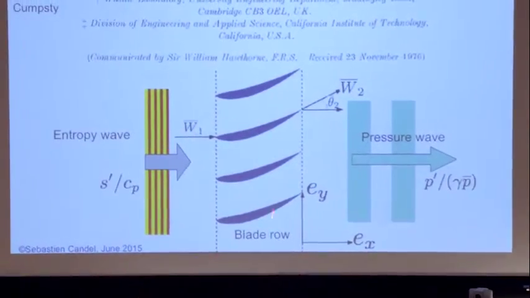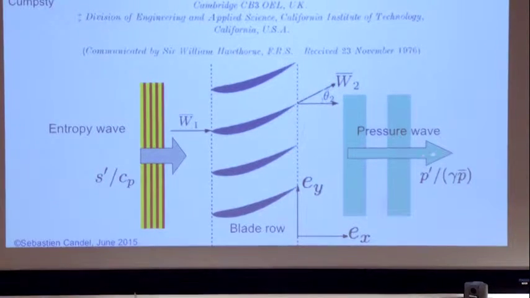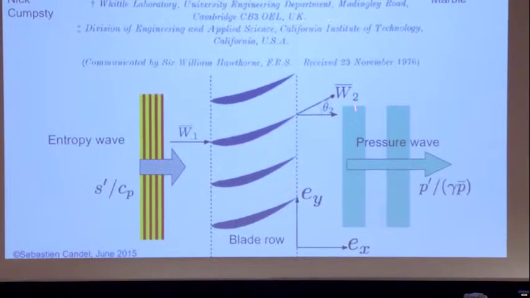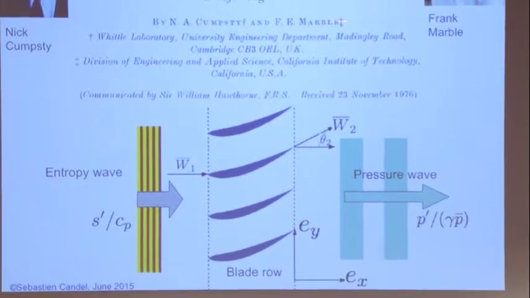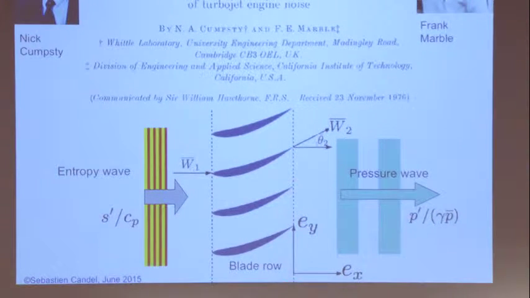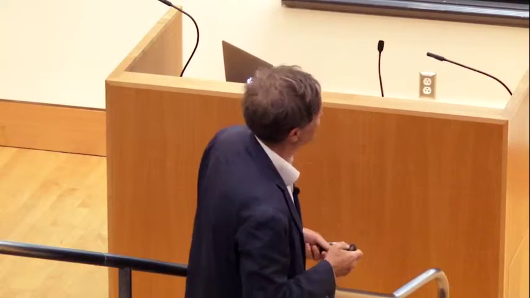Here, entropy waves coming from combustion get into the blade row, which is the turbine, and they can produce a pressure wave here. They worked out the expressions, so you can take a look at that paper in the Proceedings of the Royal Society. Frank was in Cambridge on a sabbatical year while I was doing my military service in France, in the tanks. So he worked with Nick Cumpsty at that time.